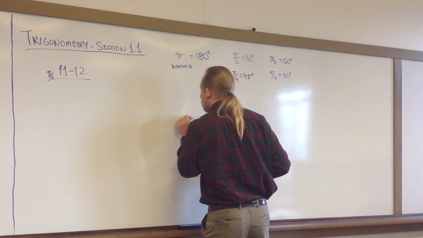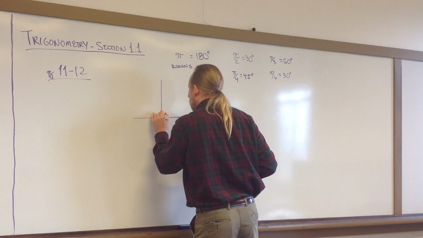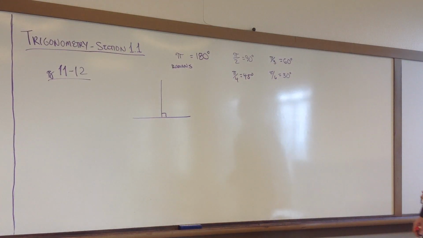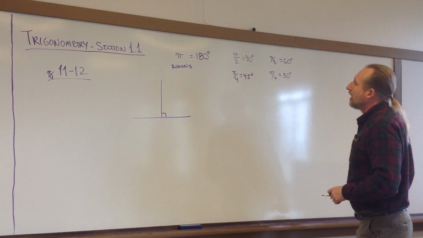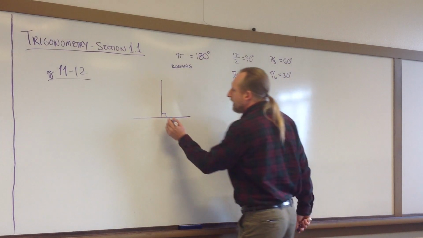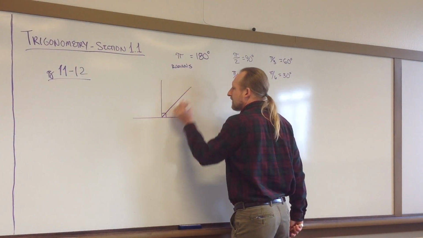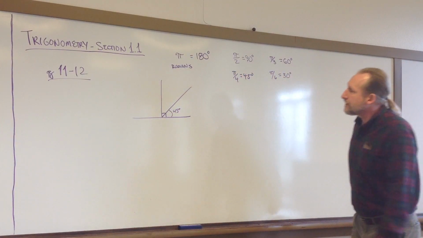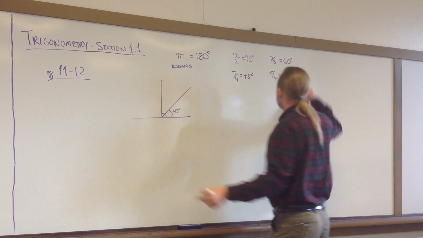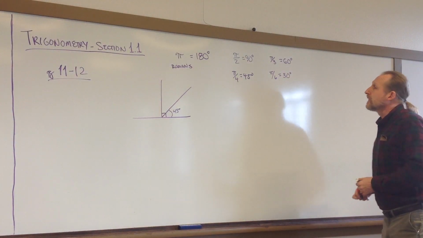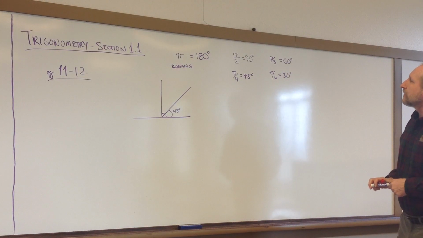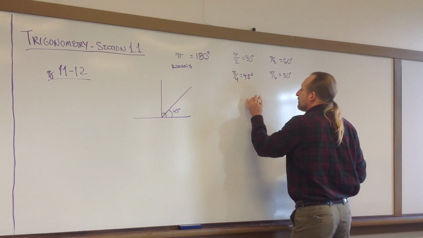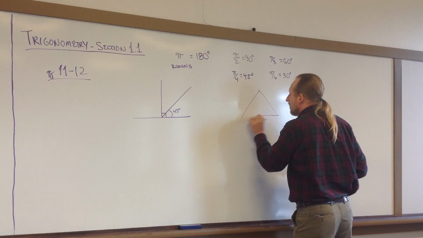90 degrees is a perpendicular, and that's been important to builders for thousands of years. Okay, and then if you split that in half, that's where our concept of 45 degrees or pi over 4 comes from. And if you split it into thirds, that gives us 30 and 60 degrees as well. Okay? The 60 degrees in particular comes from the equilateral triangle, right?